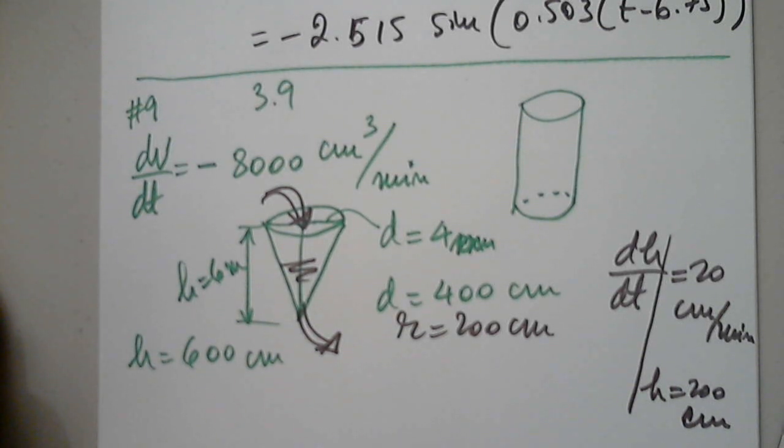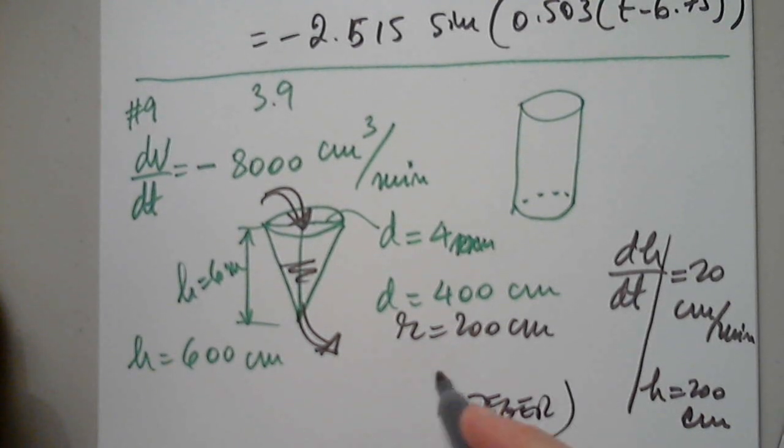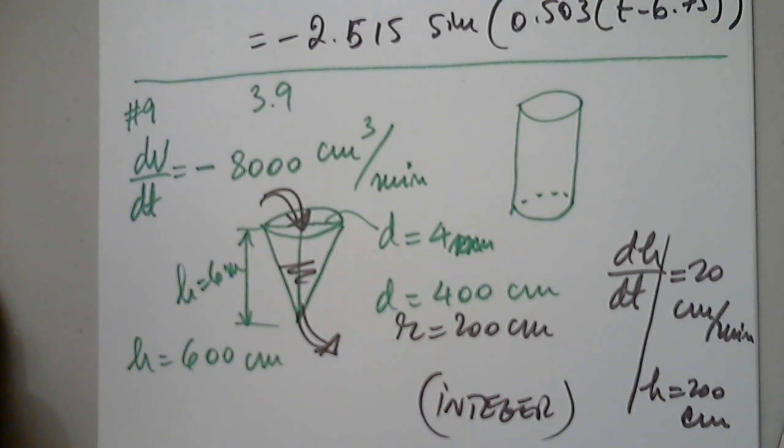Round your answer to the nearest integer. So they want an integer, and they want rounding. Okay, so let's think about this problem.